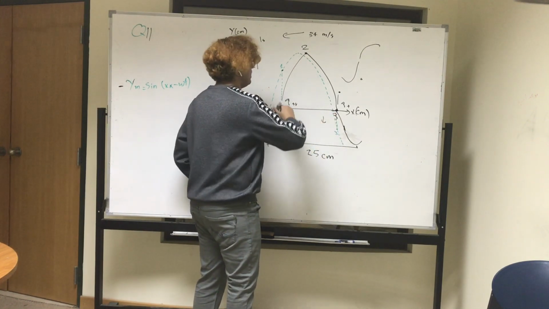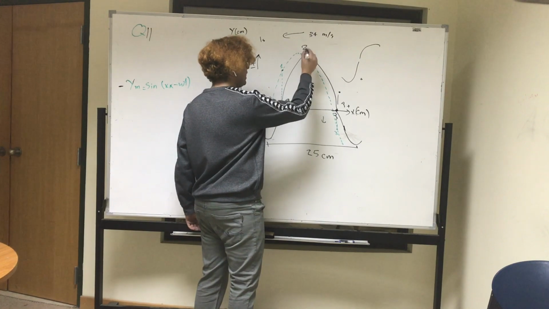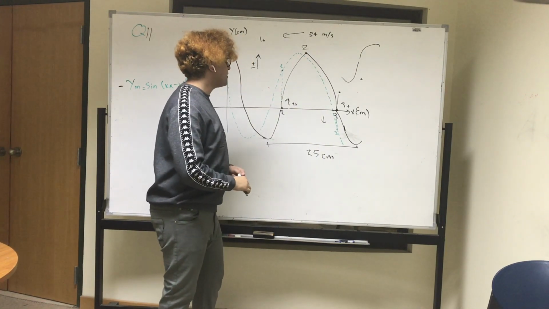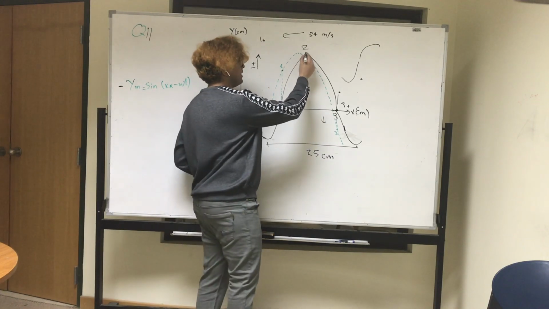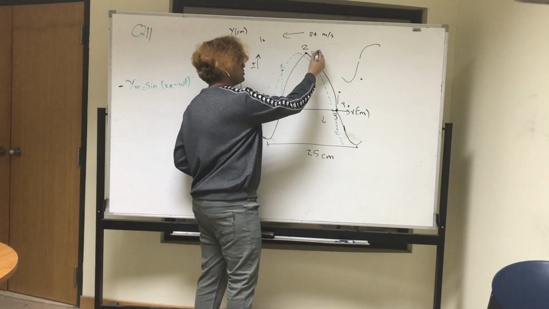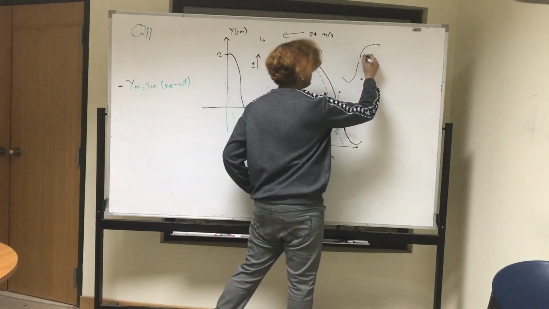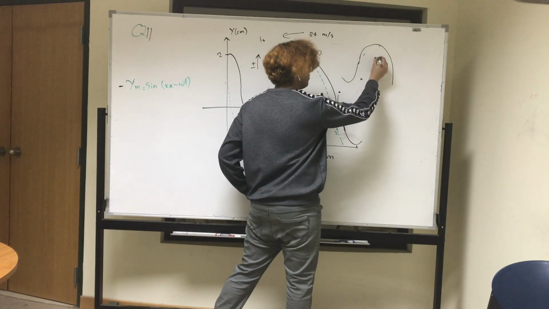From our understanding of transverse waves, we know that the velocity at the peak is always equal to 0. Because what's going on is basically some sort of downward acceleration.